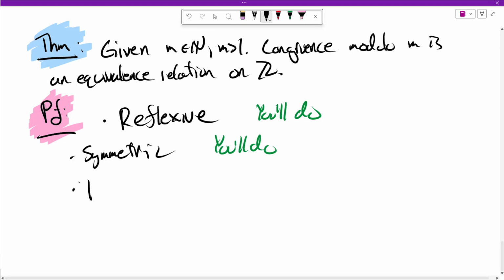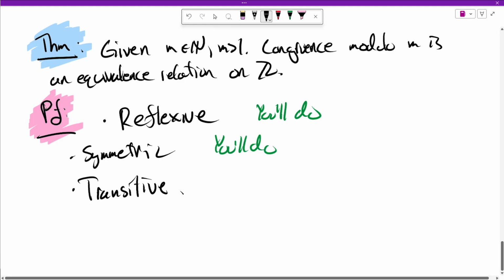And we need to show transitivity, which I will do, just because it's a little bit more involved. None of these are necessarily hard at all. It's just playing with the definitions. A lot of algebra is understanding the definitions and being able to manipulate them, at least when you start out. It's not that transitivity is harder than the other ones. It's just there are more variables going on.